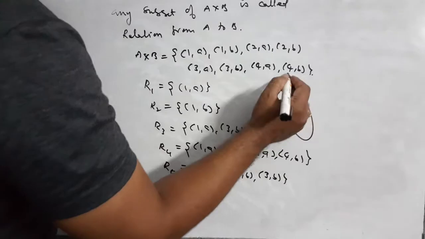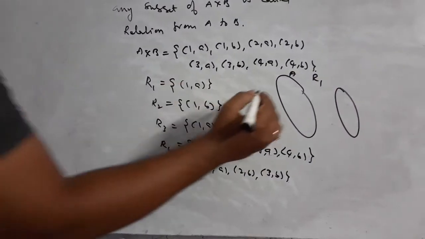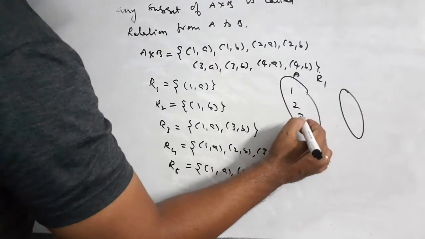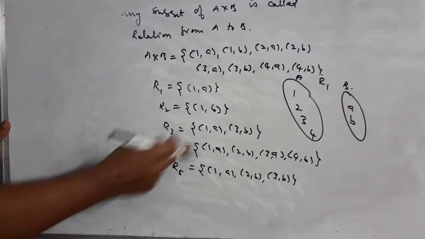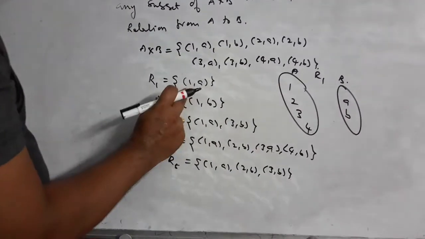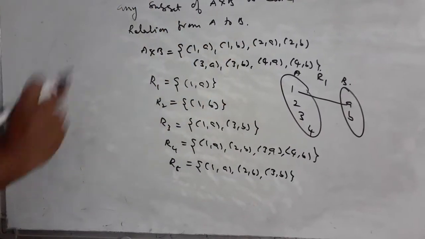Here it is A, it is B. It is a relation from A to B. Here 1, 2, 3, 4 in A, and B contains a and b. It is a mapping from 1 to a. R1 is a relation from A to B.